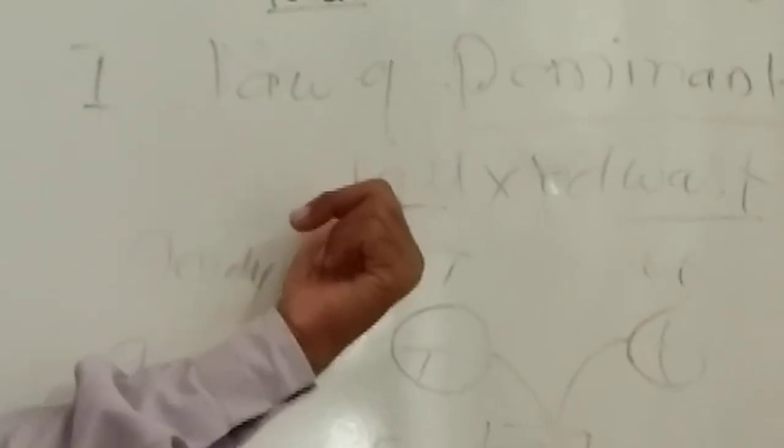Here you have to remember that one plant is tall in height and the other is dwarf. For example, this is the tall male plant and this is the dwarf male plant.